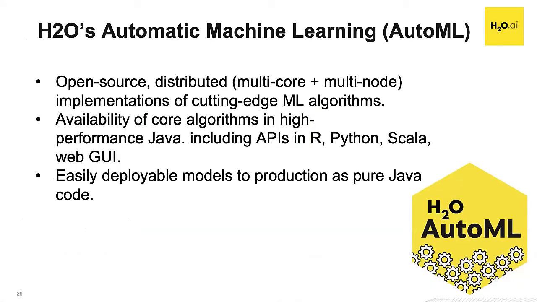So just a little introduction, if you've not heard about it. Again, just like I said, H2O AutoML is an open source, distributed, multi-core and multi-node implementation of cutting-edge ML algorithms. So it has most of the ML algorithms that you today work with. It has the implementations of all of them.